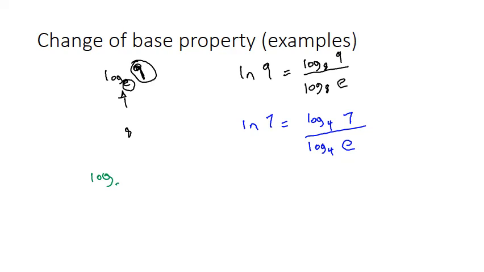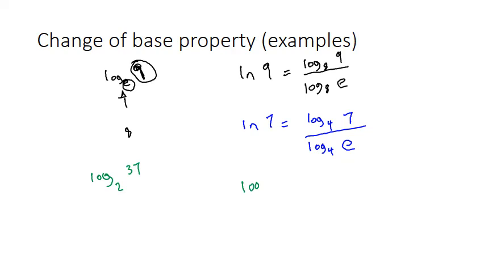So let's say we had log base 2 of 37, and we wanted to come up with the same problem, but with a different base. Let's say we want to rewrite this in base 5. What would it look like?